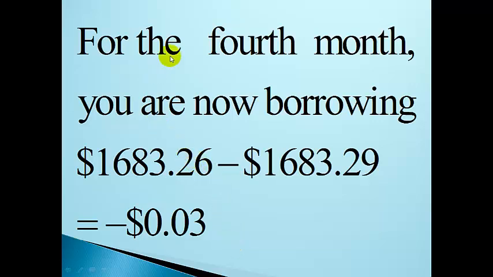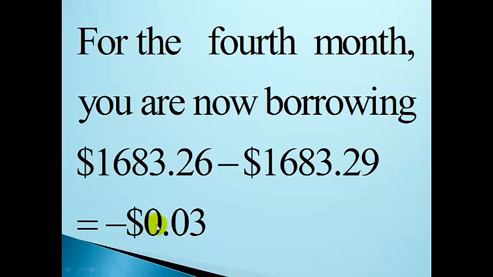Assuming that for the fourth month you were to make a payment. Take note, there is no fourth month, but for you to understand, I want to show you something here. For the fourth month, you are now borrowing 1,683.26 minus 1,683.29, the just calculated amount left, and this is equal to minus $0.03.